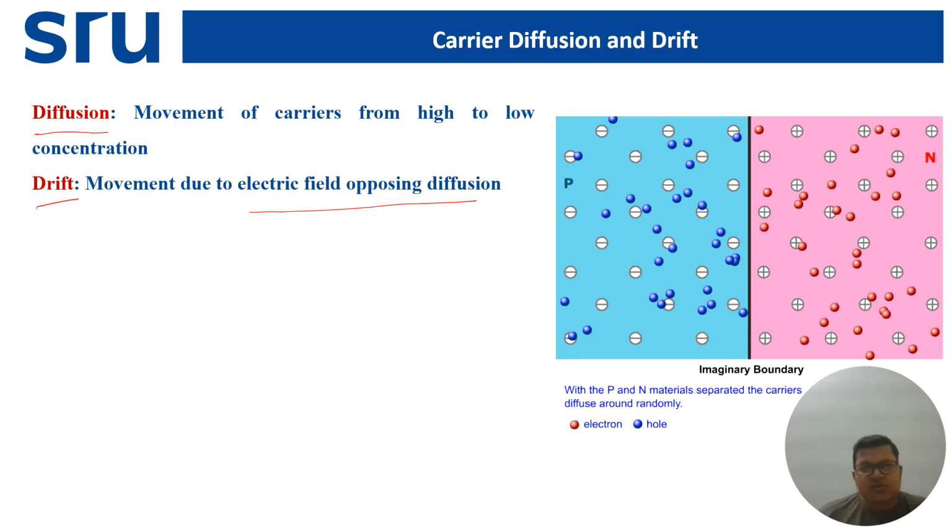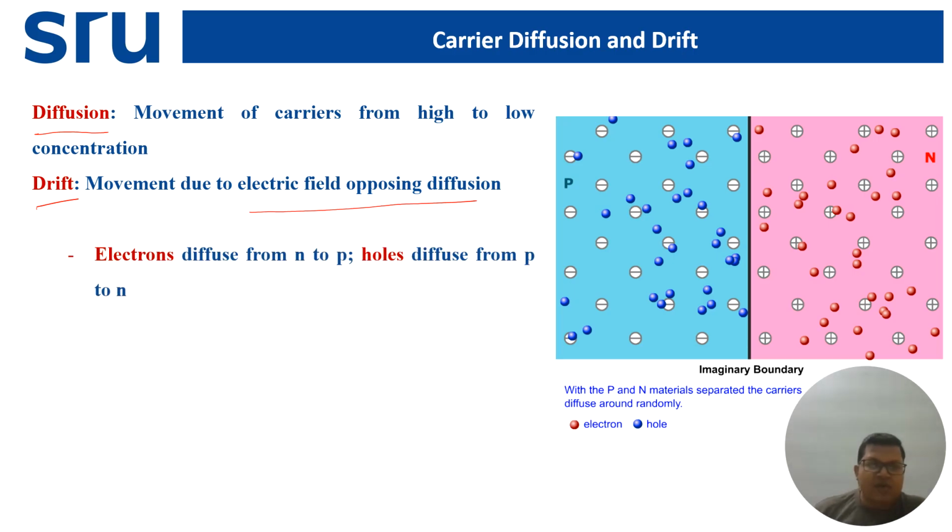The basic difference between drift and diffusion is that diffusion starts automatically whenever it finds a concentration gradient, but for the drift process to start we need an electric field. Here this electric field will oppose the diffusion process. So there is a clear distinction between the diffusion and drift processes.